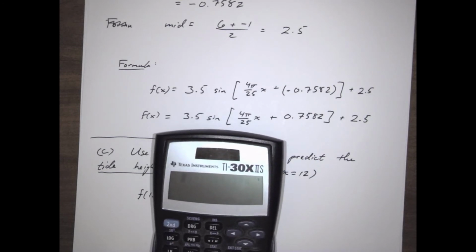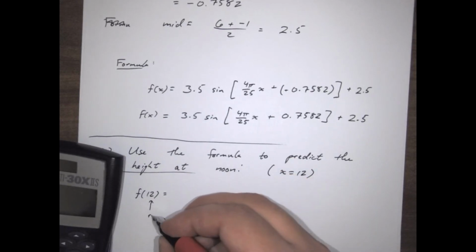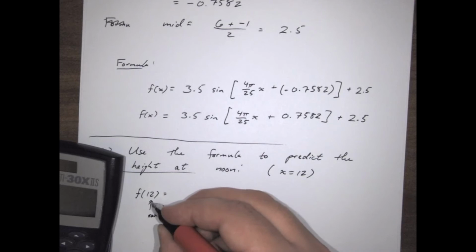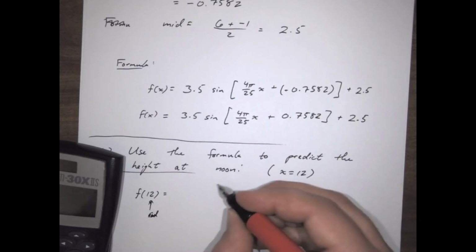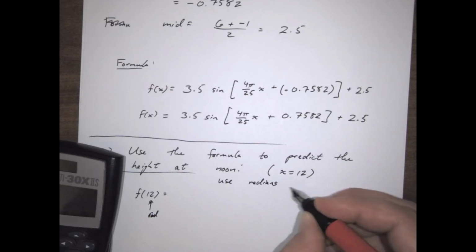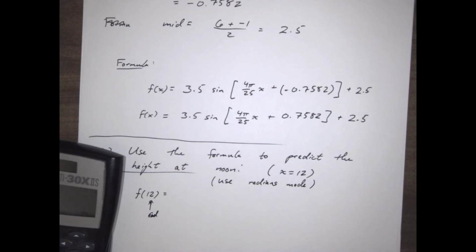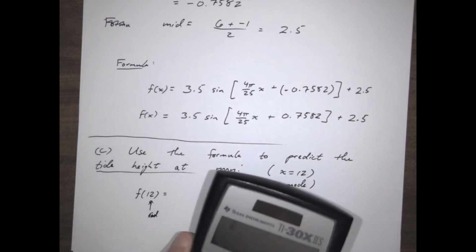So always radians mode, and that's because of the 2 pi that we are using for the omega calculation.